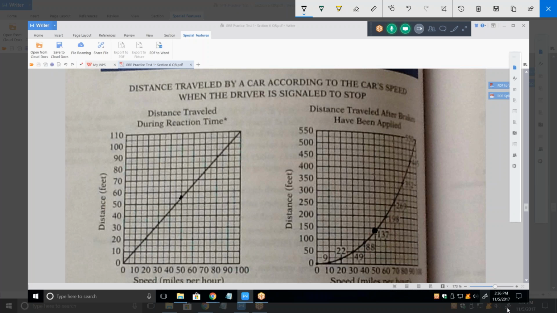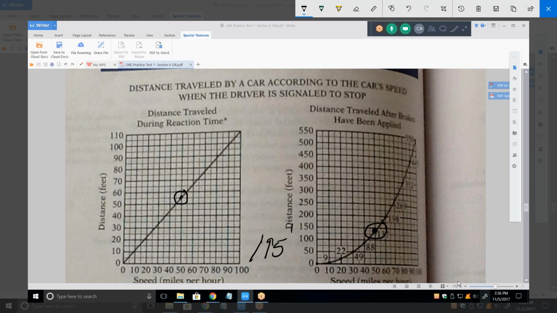The total distance your car is going to travel is the sum of these two. So if you're going 50 miles an hour, the car is going to move 55 feet before you hit the brake, and another 140 feet after you hit the brake. It's going to go 195 feet before you stop. That's how we understand these two.